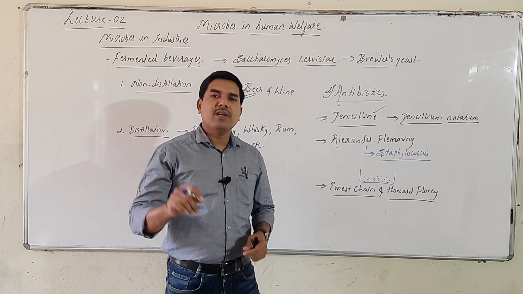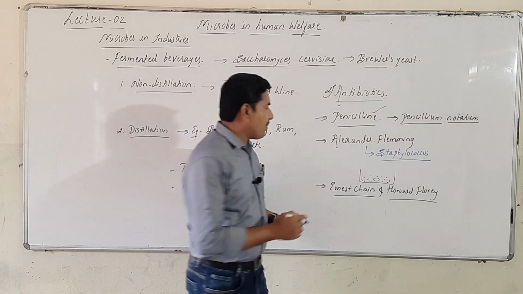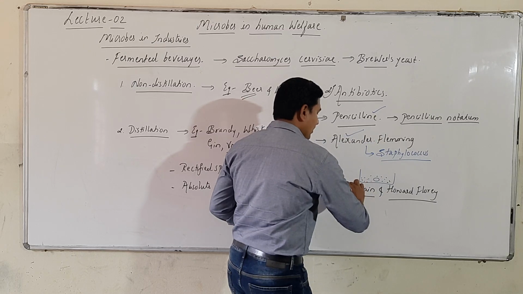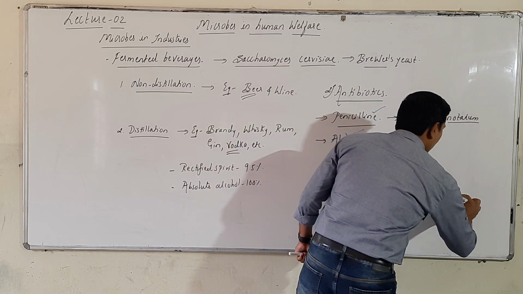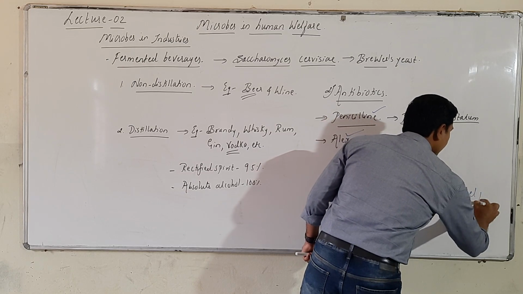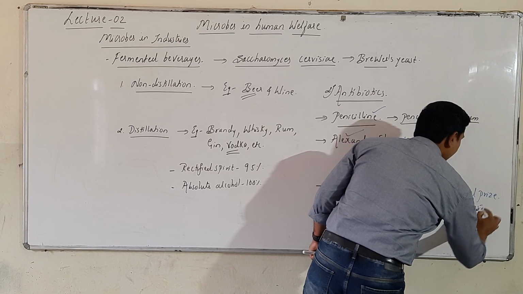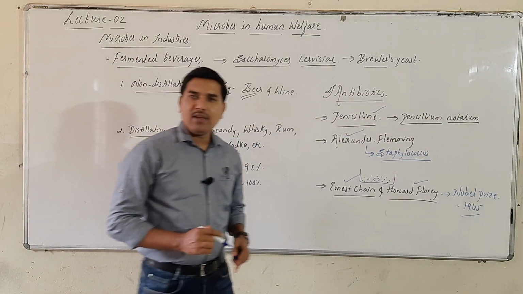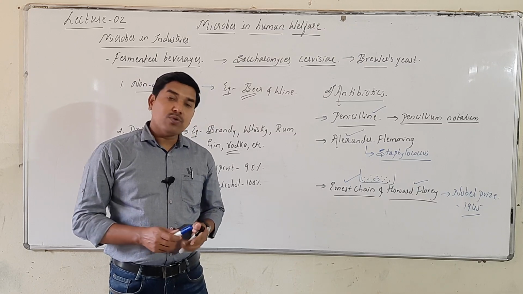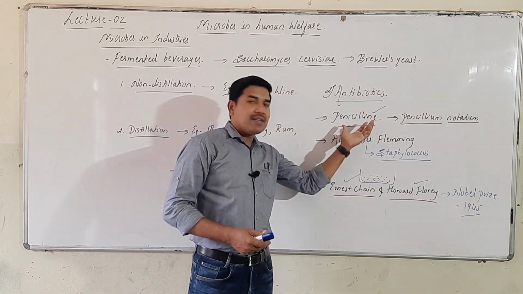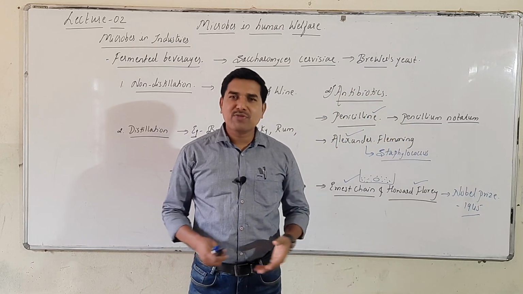Because of this discovery of penicillin, all three persons, Alexander Fleming, Chain and Florey, were awarded the Nobel Prize in 1945, along with saving the lives of thousands of soldiers.